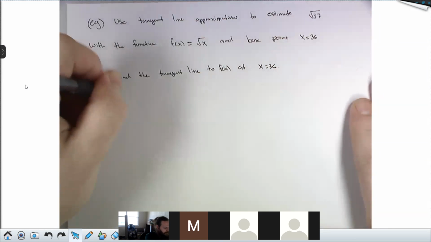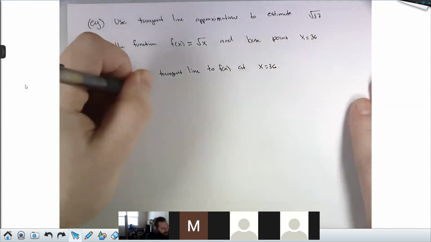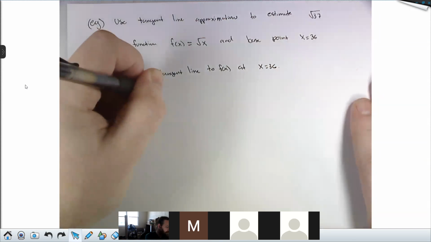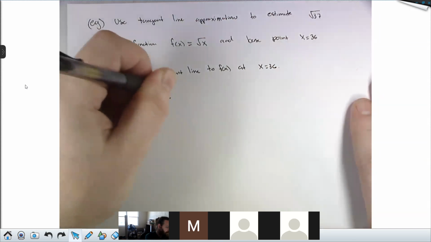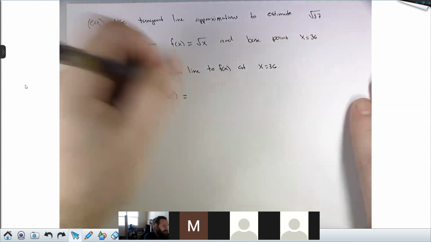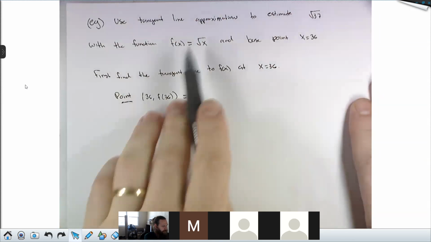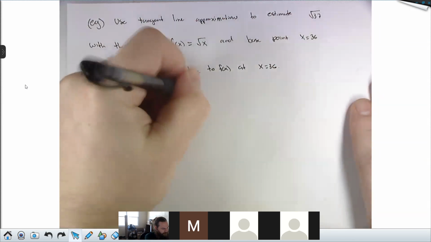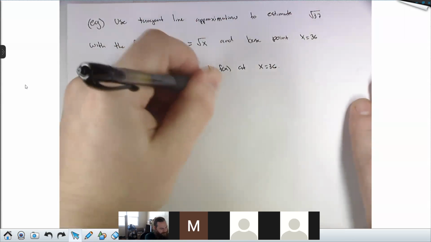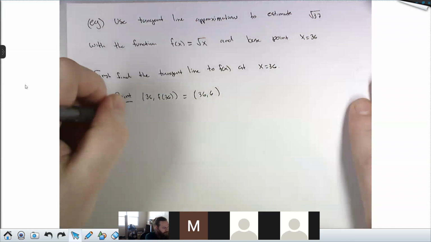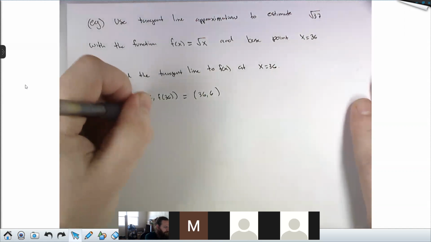So my point is 36, comma, f of 36. And f of 36, if you plug 36 into f of x, you get 6. This is 36, comma 6. And my slope is going to be f prime of 36.